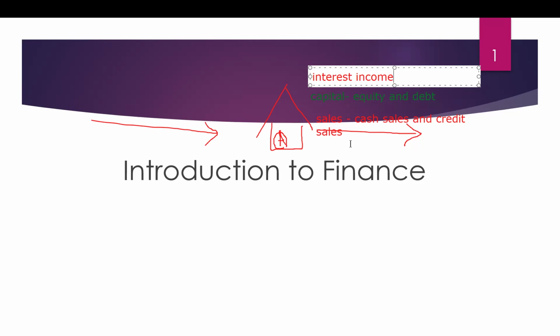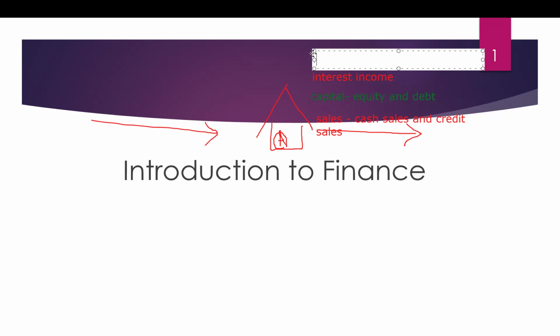Other than that, what are the other cash inflows? So how about selling assets?